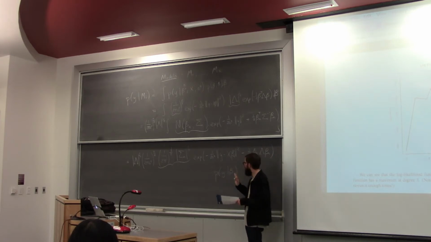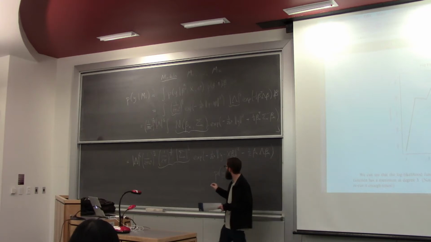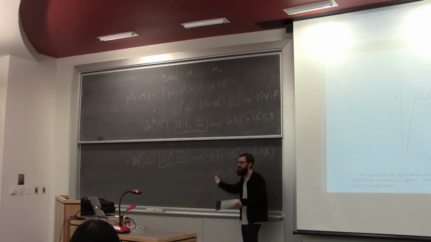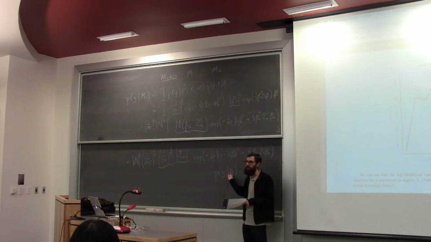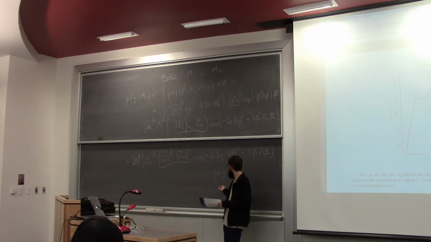So I think this is a good connection to make. Maximum likelihood would say take just the likelihood, fix a particular value of beta, and that gives you a p of y, right? And then I want to find the value of beta that maximizes this likelihood. In the Bayesian case, we can just get p of y by this.